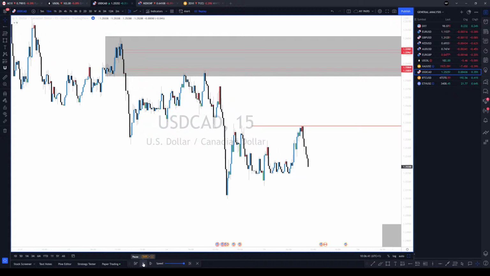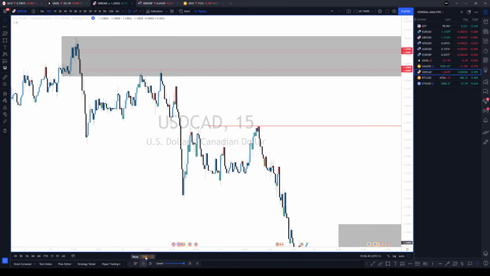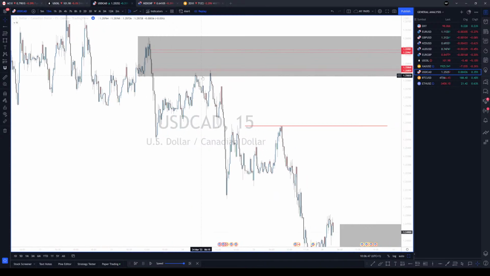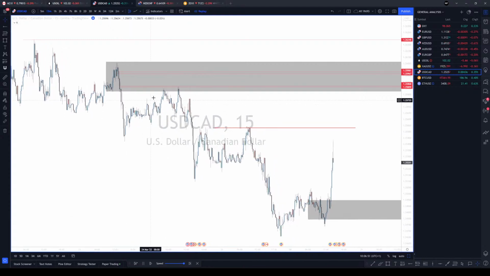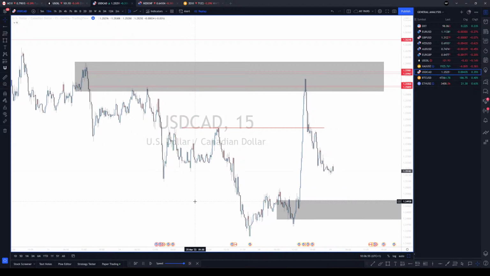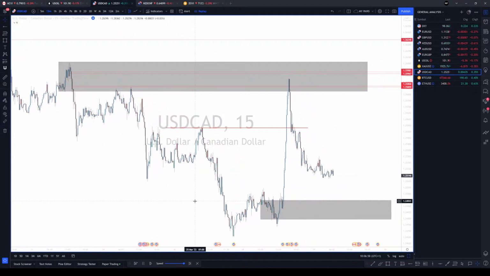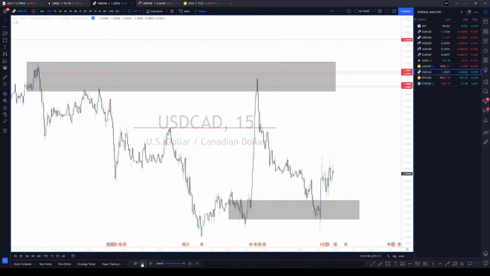So this is last week. I think last week we actually talked about this one because that was a pullback and then a sell. So that's where price went and then gave up the ghost inside that H4 order block.